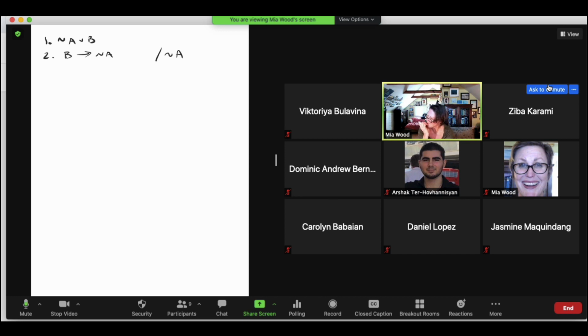Okay, so same conclusion as the last exercise. Notice that not A appears as the left disjunct from line 1, and it appears as the consequent from line 2. Let's talk about strategies. I'll write them out. We know we must eliminate the disjunction.